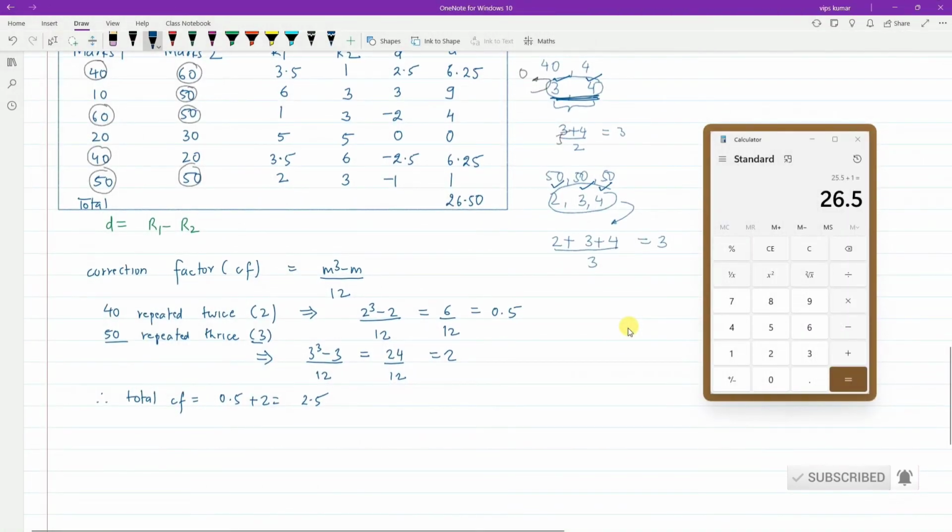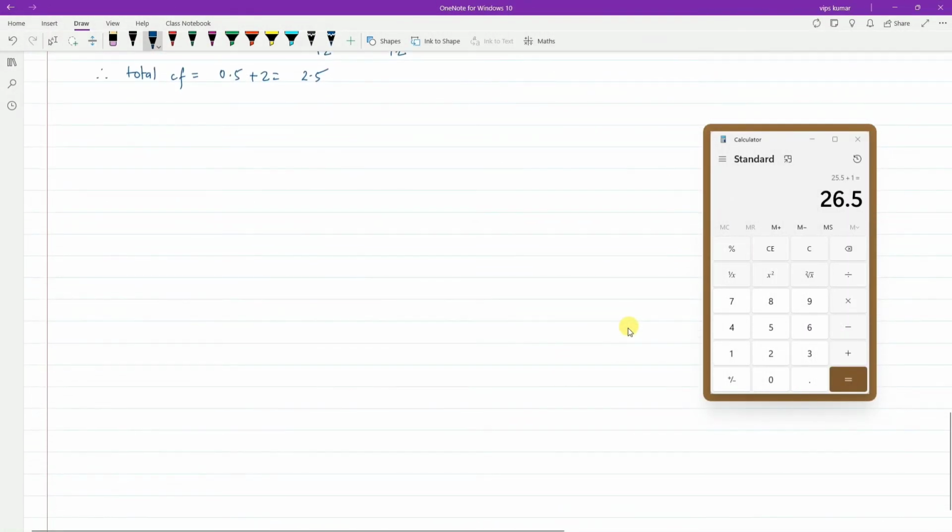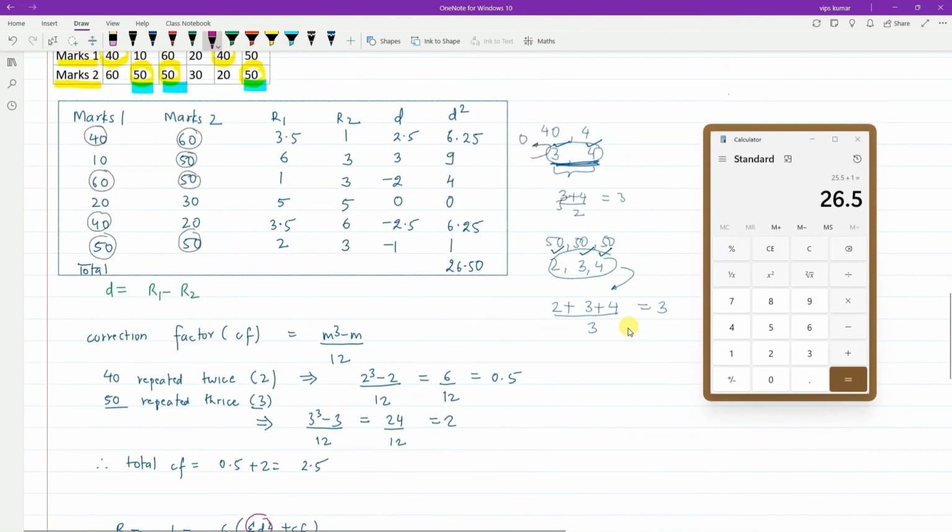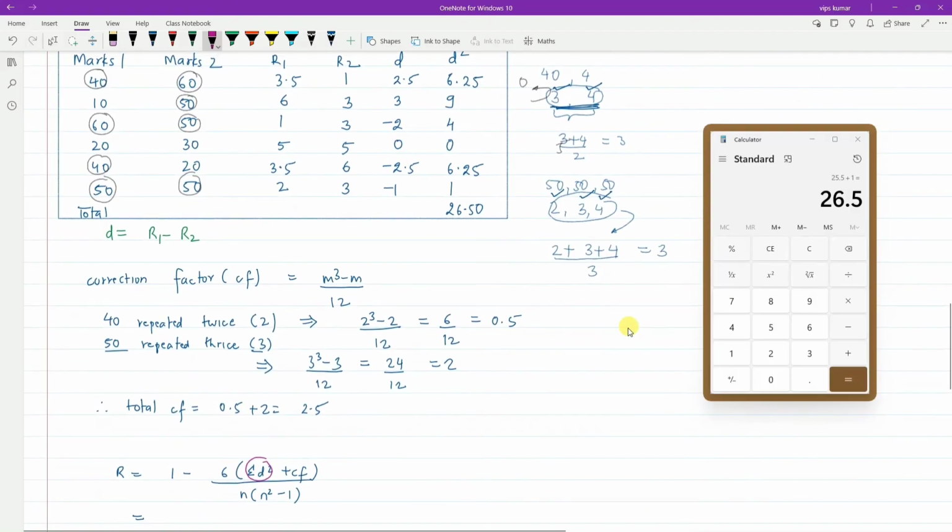We are now on to the last step of calculating Spearman's rank correlation coefficient. It is denoted by capital R, and it is given by 1 minus 6 times sigma d square plus the correction factor, divided by n into n square minus 1. Now if we check the table, sigma d square is 26.5.